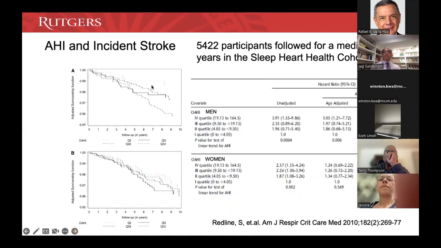And again, this was from the Sleep Heart Health, over 5,000 participants, with a median follow-up of about 8 or 9 years, showing that in the highest quartile of AHI, there was a higher risk for death from strokes. Again, this data was true for men, but not true in women. So there is a gender difference in the risk as well if you just looked at AHI and CHF and stroke.